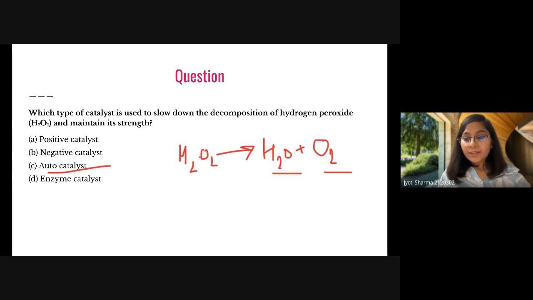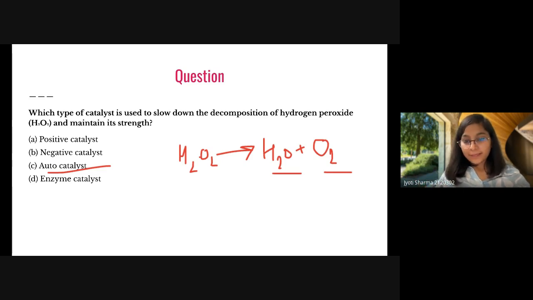And enzyme catalyst means you need some enzymes, and enzymes are nothing but proteins. We have a lot of enzyme catalysts in our body that are increasing the rate of reactions. So for example, in your stomach you have food, and some enzymes are working to increase the rate of digestion. So these enzymes are the catalyst.